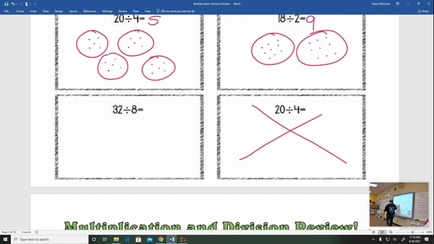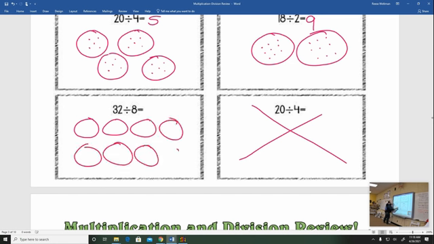Okay, let's see, we need 8 groups here, correct? 1, 2, 3, 4, 5, 6, 7, 8. How many dots do I need in each one? 4. Because 32 divided by 8 is what? 4. That's right.